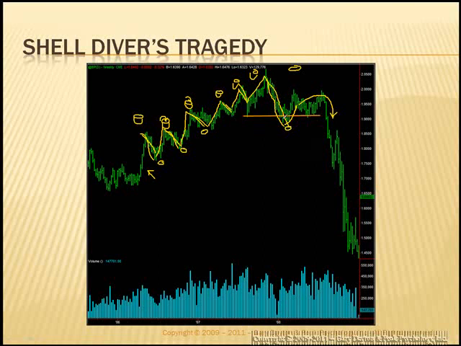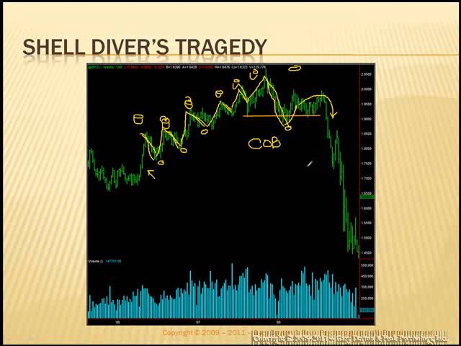And it increases so much that if we were shell divers, we wouldn't be able to go down to the bottom, get that shell, and come back up to the surface safely. We would expire because of lack of air, because this is such a deep wave down. Okay? This is a change of behavior in the wave structure.